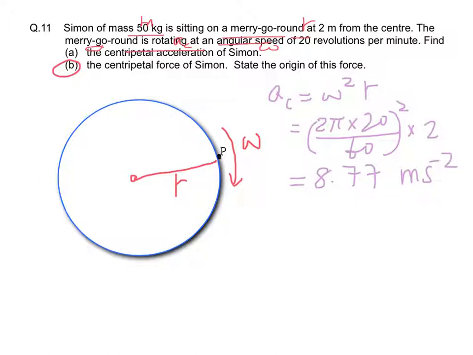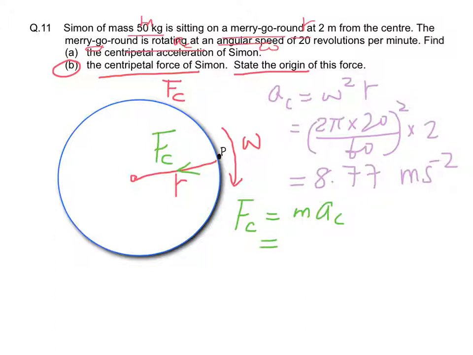Part B. Find the centripetal force of Simon and state the origin of this force. Centripetal force on Simon, Fc, equals mass times centripetal acceleration, which is equal to 50 times 8.77.